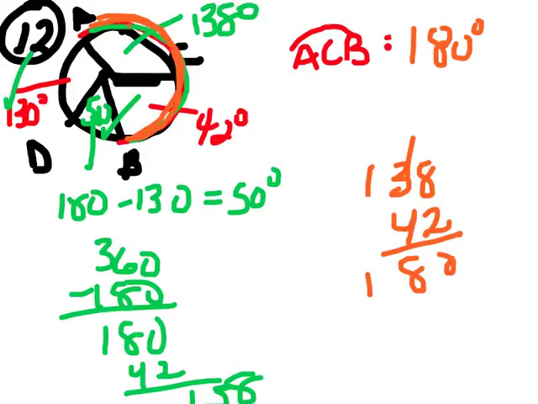So that one's 180. What would BC be? 42, because that's the measure of its central angle. Good. What would ADC be? Couldn't you just do 180 or? You know this big arc is 138, so could you? 130 plus 42 is 180, so then you could do 360 minus 180.